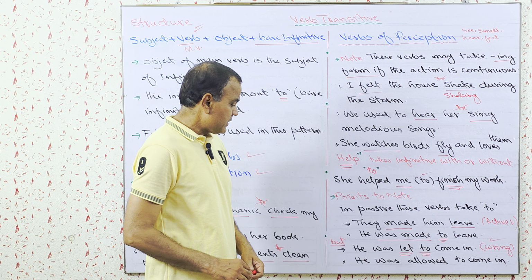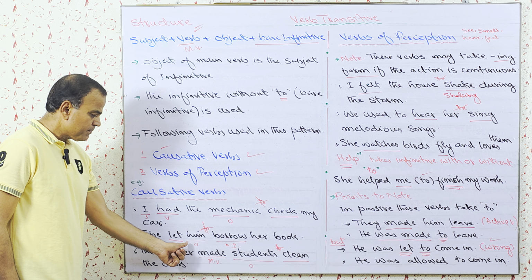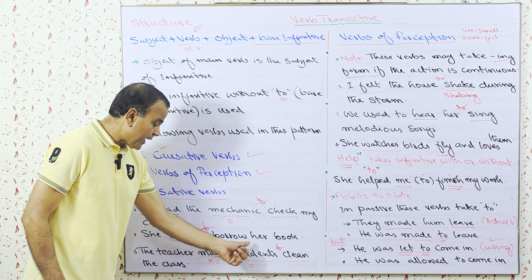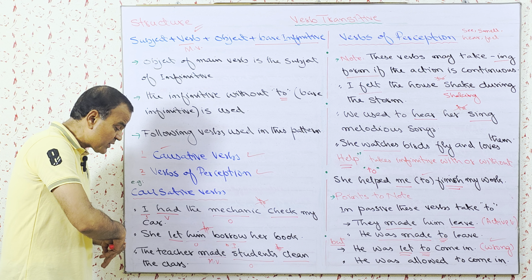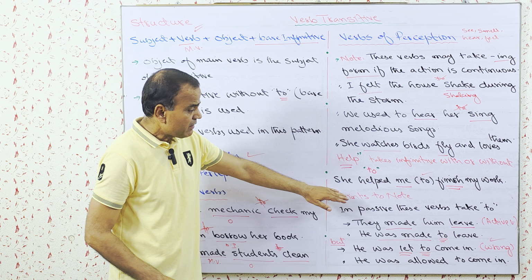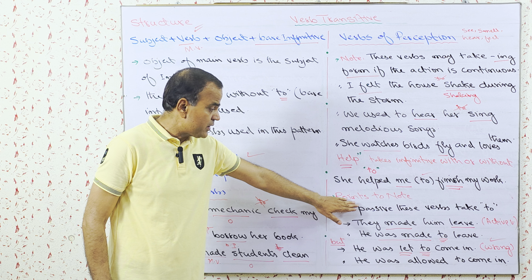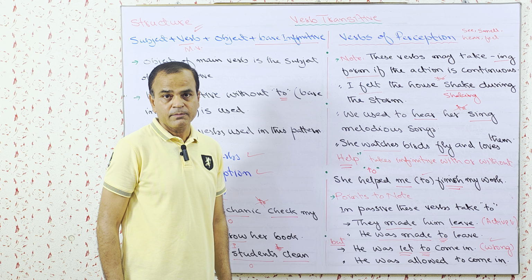If the situation comes where you have to use let, as we have used here, she let him borrow her book, and I want to change this sentence into passive voice, I will have to change let into allow instead of putting to. The rule is that when we change the sentence into passive voice, we have to use to before it.